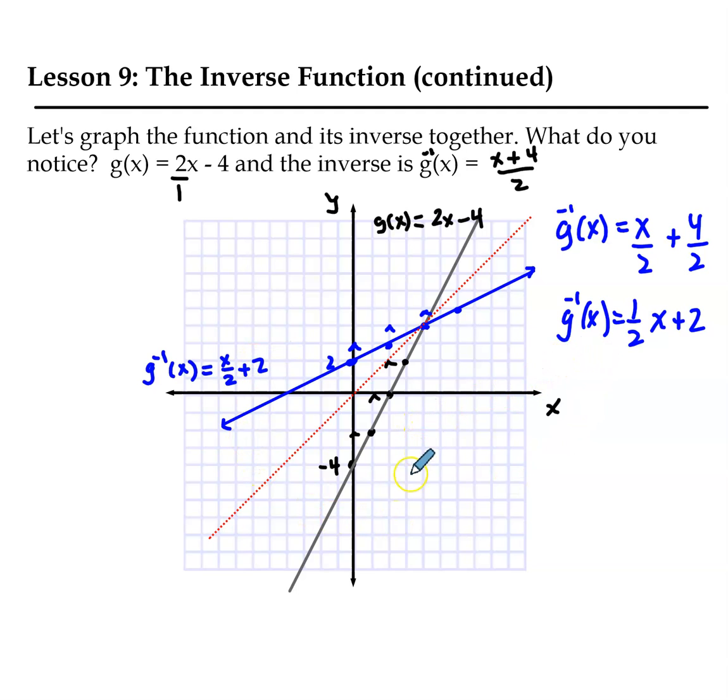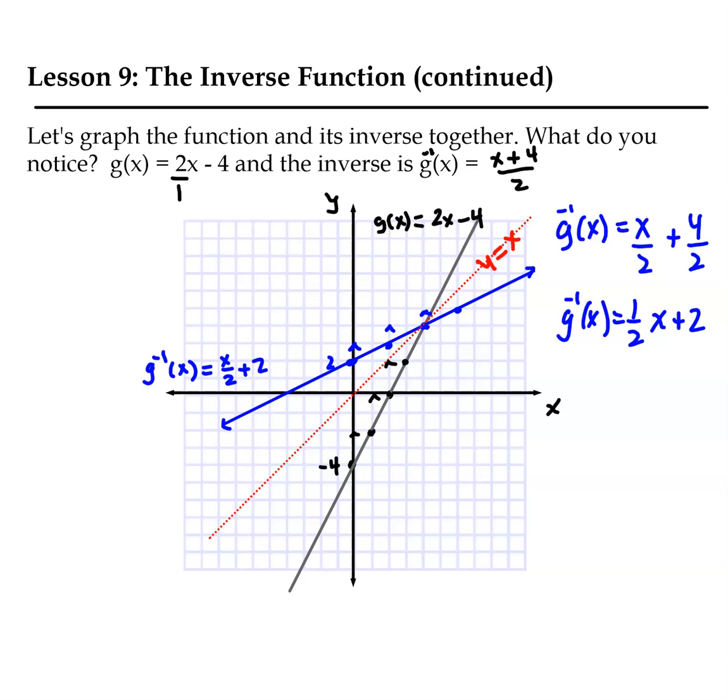Okay. So observe that if you consider the line y equals x, in other words, 1, 1, 2, 2, 3, 3, negative 4, 4, negative 7, 7. So when you look at this y equals x line, you notice that the function and its inverse are mirror images.